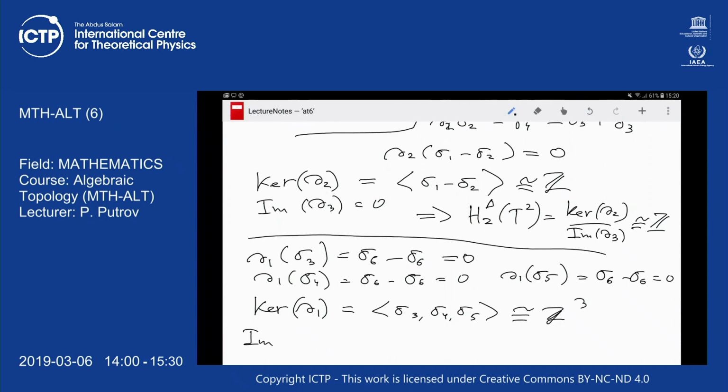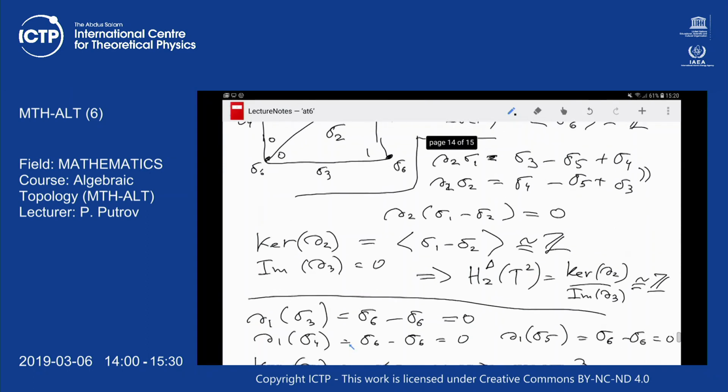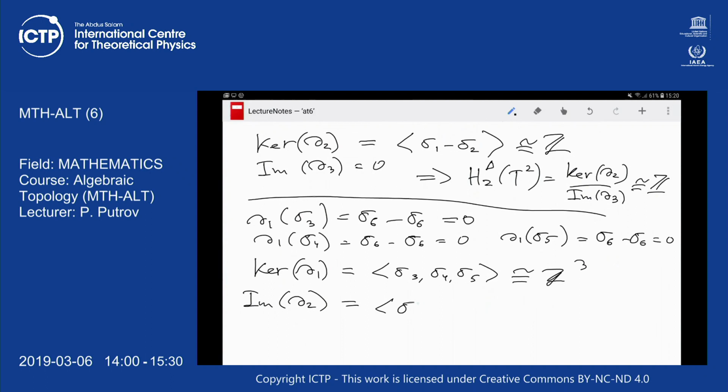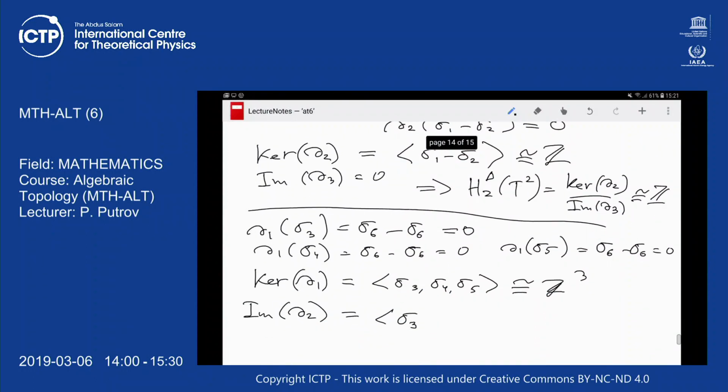So what about the image of delta 2? We saw that this is a free abelian group generated by just this element, the same in both cases, which is sigma 3 minus sigma 5 plus sigma 4.